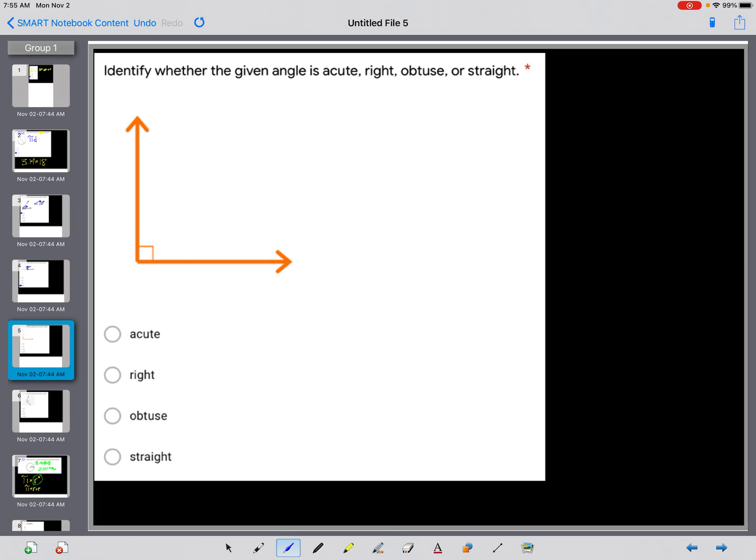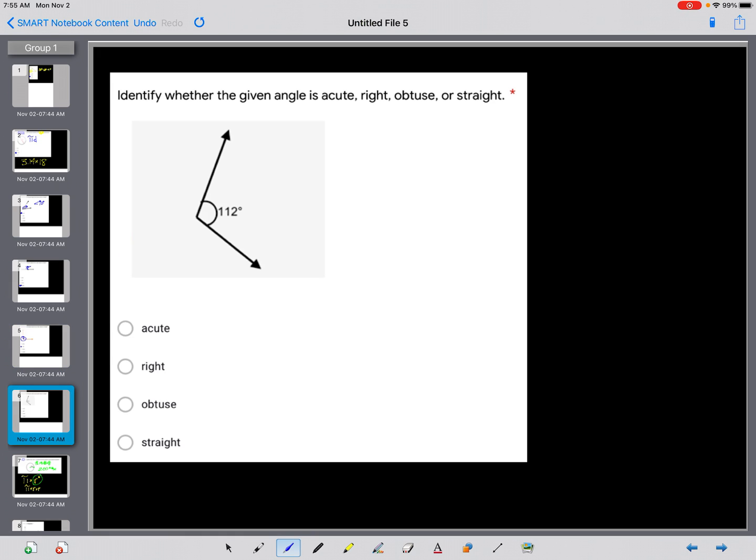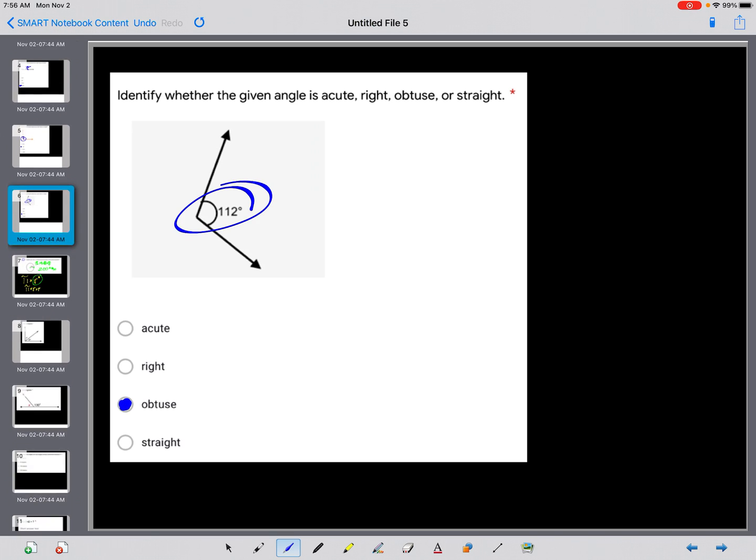And this here, indications are that this is a right angle with that little square at the vertex. Anything greater than 90 degrees is considered obtuse. And of course, this one's greater than 90 degrees.